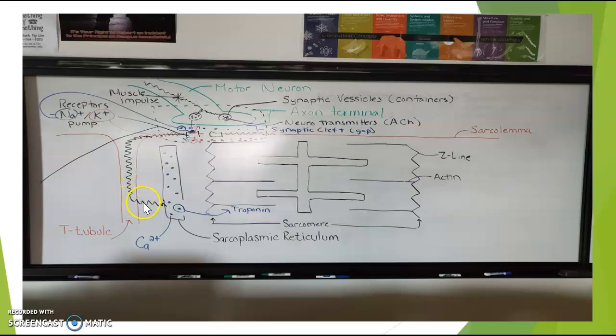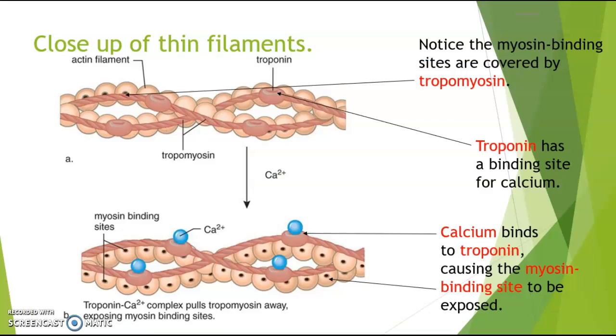The impulse strikes the sarcoplasmic reticulum. When the sarcoplasmic reticulum is struck, calcium is released, and calcium is released into the sarcomere. Once again, as we saw right here, it's looking for troponin. So the calcium would stick to the troponin. That would cause tropomyosin to move out of the way.